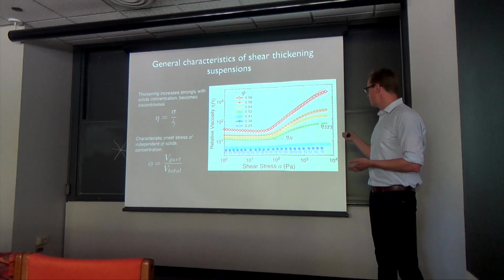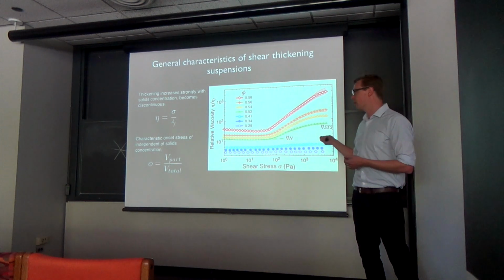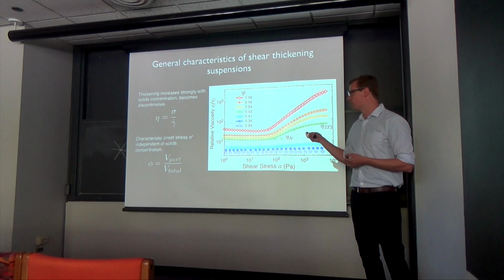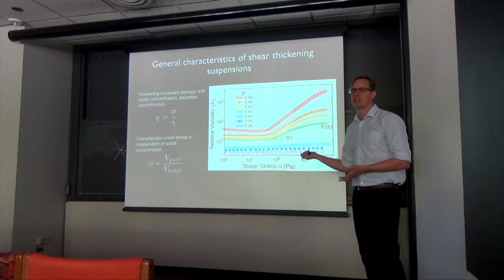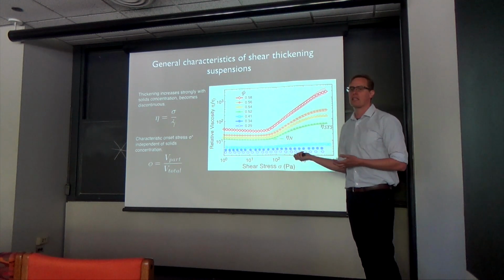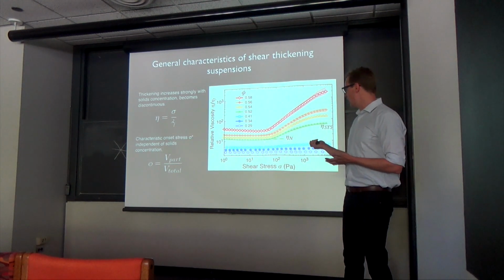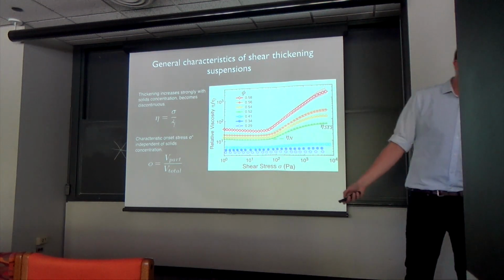This shear thickened plateau increases with the concentration of your particles. But you can see that independent of the concentration of your particles, the shear thickening begins at a characteristic onset stress. Here it's somewhere around 100 pascals or so.